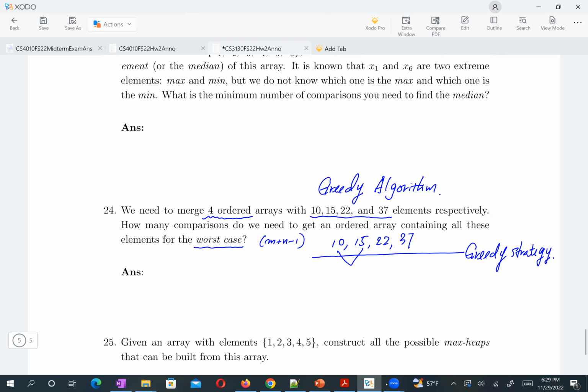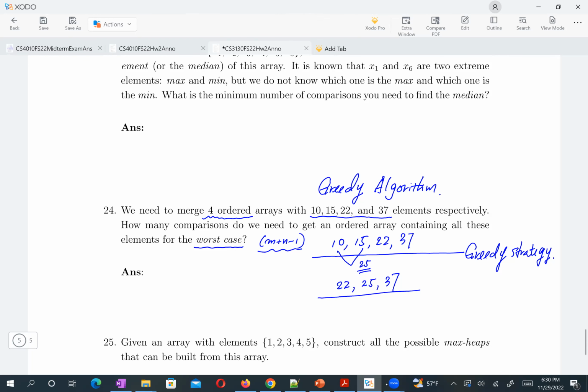After we merge these two, you can calculate the number of comparisons. The merged subarray will have 25 elements, 10 plus 15. Now you have 3 ordered arrays.